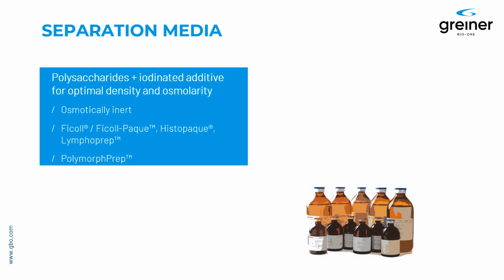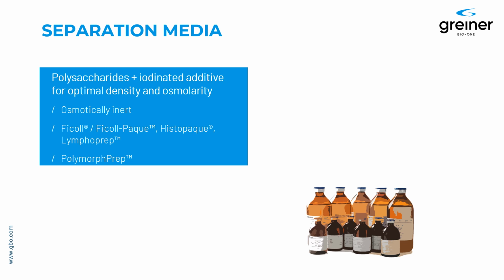There are three main classes of separation media that are mostly used for density gradient cell separation. Common to all of them is that they should be adjusted to an osmolality of 290 to 300 milliosmol, which is typical to most mammalian fluids. Polysaccharides, such as Ficoll, are made of sucrose that is copolymerized with epichlorohydrin to have an average molecular weight of 400,000.